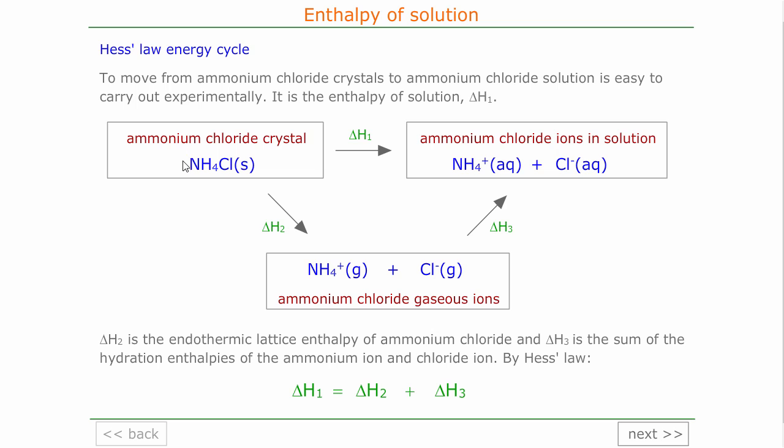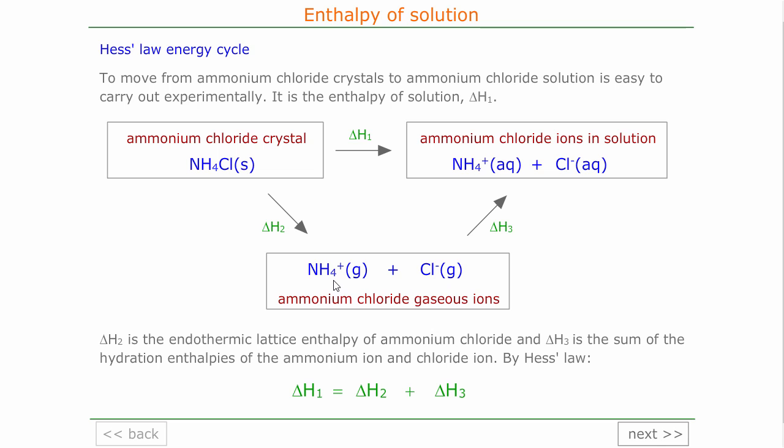The first step is we need to separate the solid ionic crystal into individual gaseous ions. That step's called, in this case, delta H2. It is the lattice enthalpy, because we're separating all of the ions in the lattice into individual gaseous ions.